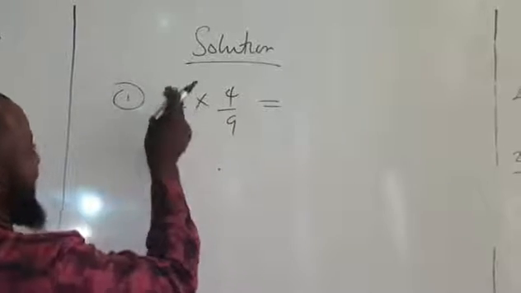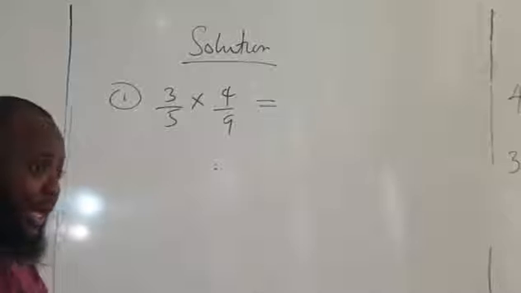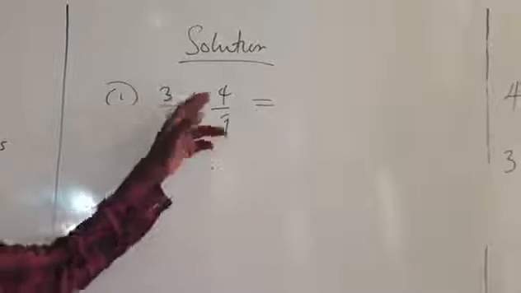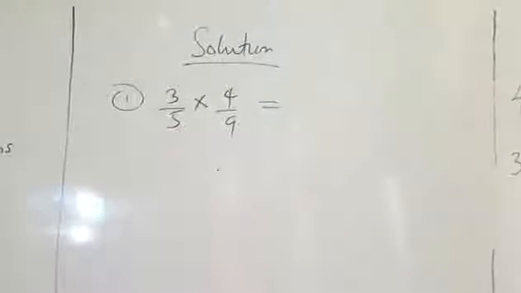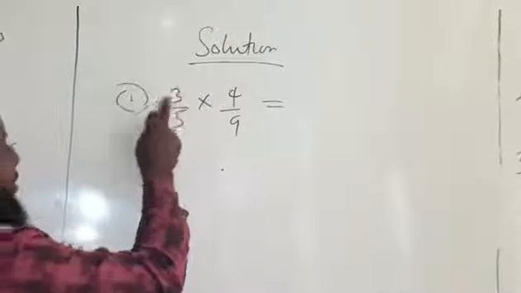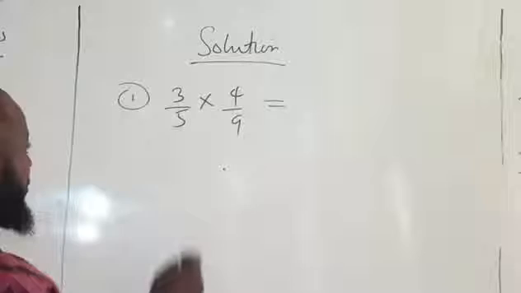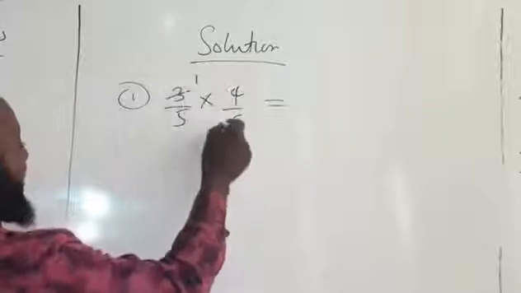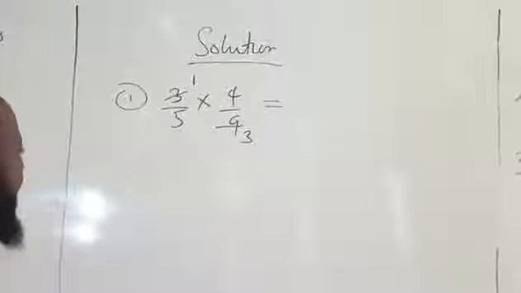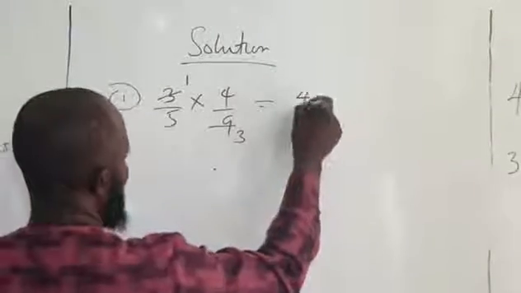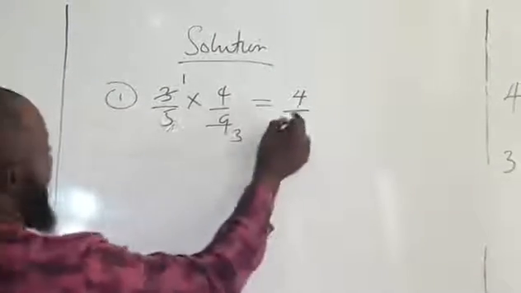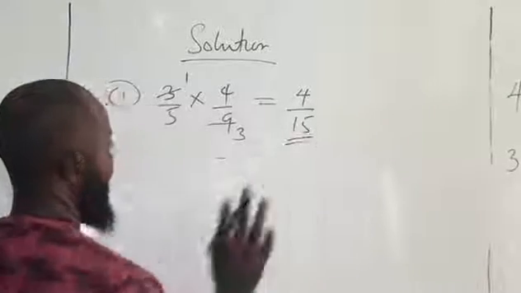If there's a number that is a factor of any of the numerators and any of the denominators, you can do that. So 3 can divide 3, 3 can also divide 9. So you just divide this by 3 here, 1, and 3 here, 1. Do you have any other thing that can divide? No. So that means we have 1 multiplied by 4, that gives us 4, over 5 multiplied by 3, that gives us 15. Simple.